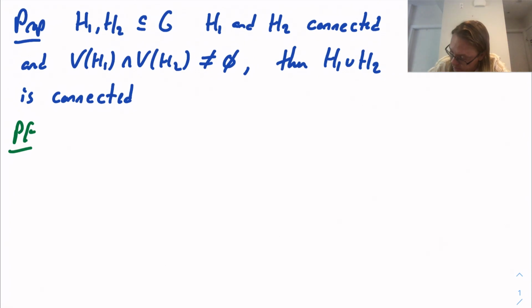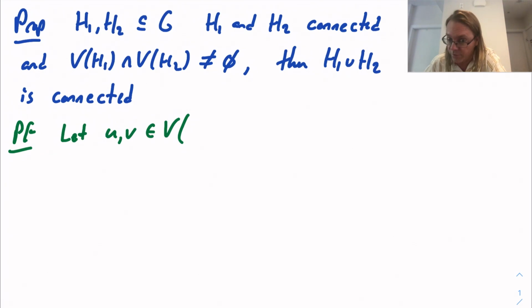So our proof is going to be, we're going to let u and v be vertices of the union subgraph, so these are vertices of H1 union H2. And now we're going to prove that there is a walk from u to v. If we can do this, we will be showing that for an arbitrary pair of vertices in the union, there's a walk from u to v in the union.